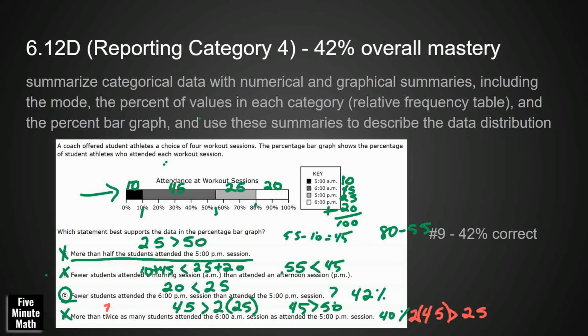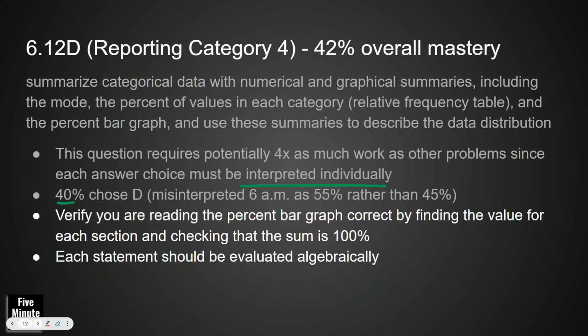You had to know that the twice has to go on the 5 p.m., which is the 25. And so they need practice with statements like that and knowing how to turn that into an inequality. I have to slow down and make sure I'm doing it right.